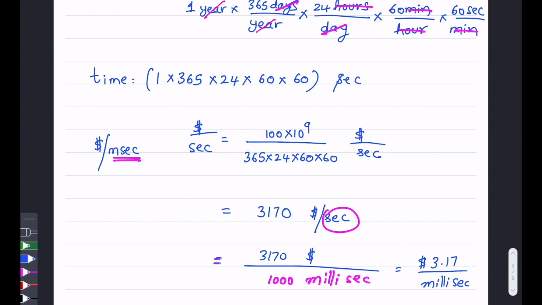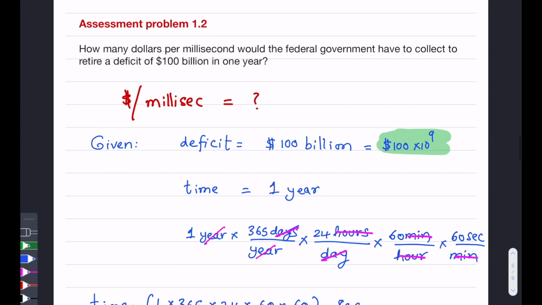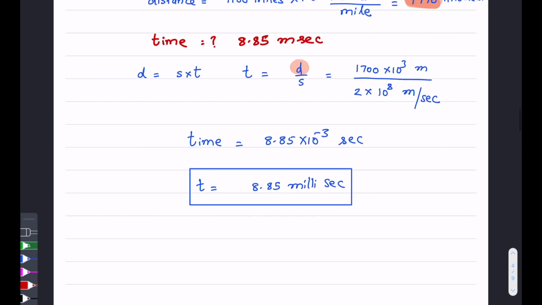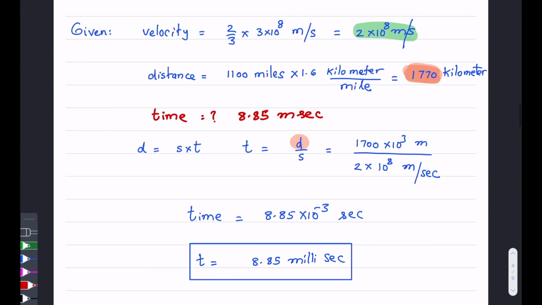That's the answer we are after. So let me write it here, $3.17 per millisecond. Let me make sure I go back to the original problem and make sure that I have the units mentioned there.